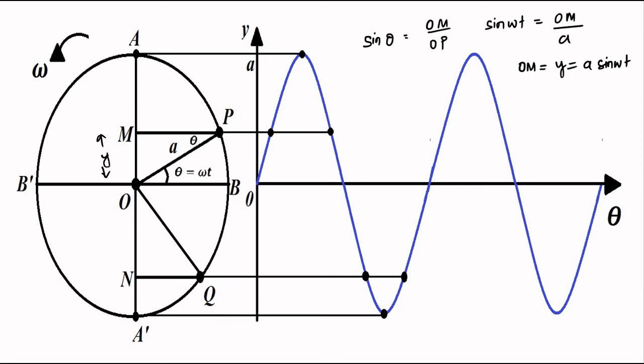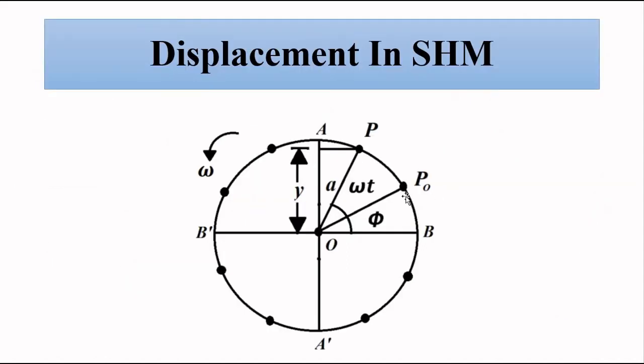This is the general equation, but here we are taking into consideration that the initial starting point of the particle is from B, but most of the time it is not like that. The particle can start from any point on this reference circle. For that case, let us say that the initial starting point of the particle is P0. In that case, this angle POB is phi.